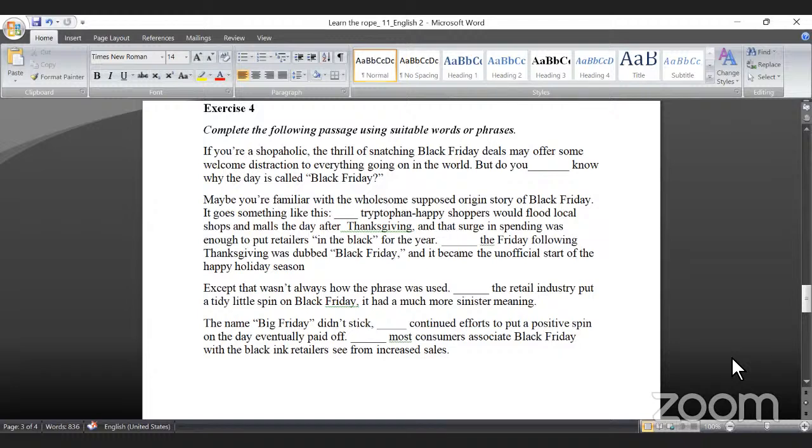Dash, most customers associate Black Friday with the black ink retailers seen from increased sales. So most customers associate Black Friday with the black ink retailers seen from increased sales. Yes, correct.